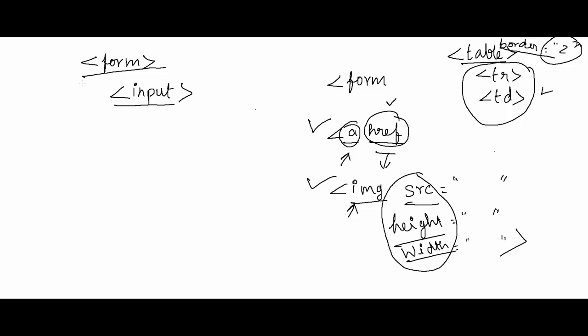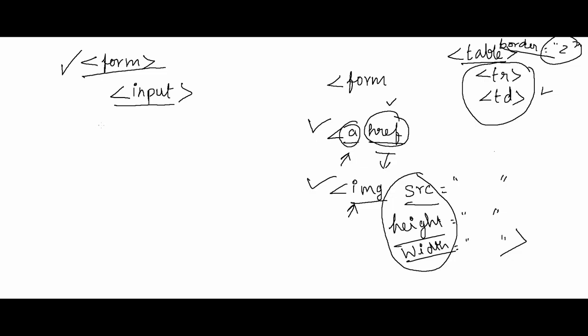Coming to the topic, form is mainly used to collect data from users. I already gave you examples like registration form and login form. All these are used to collect data from users.